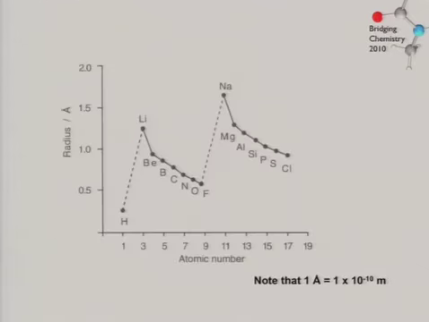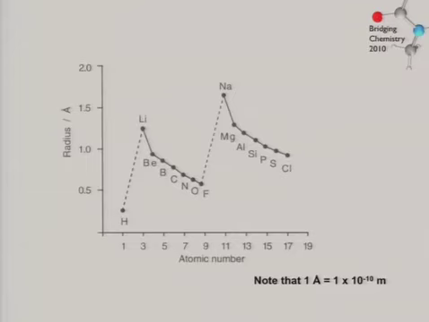So of course we're looking at trends across the periodic table. What we have here is atomic radius against atomic number, starting from the top of the periodic table and moving down to element 19. What we find is that as we move along a row on the periodic table, atomic radius tends to decrease, as you can see here, moving from lithium through to fluorine.